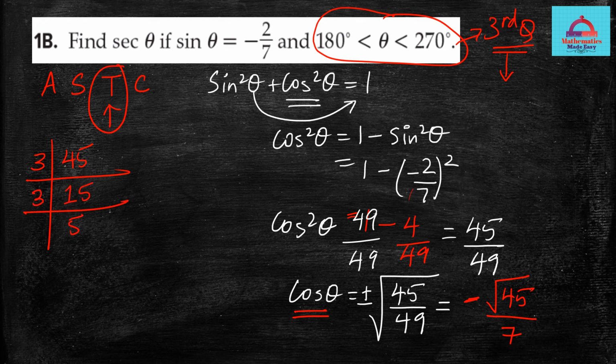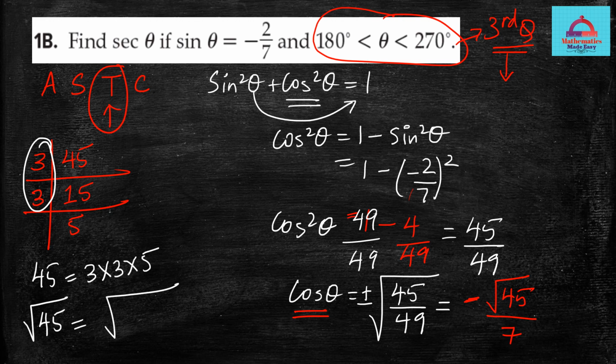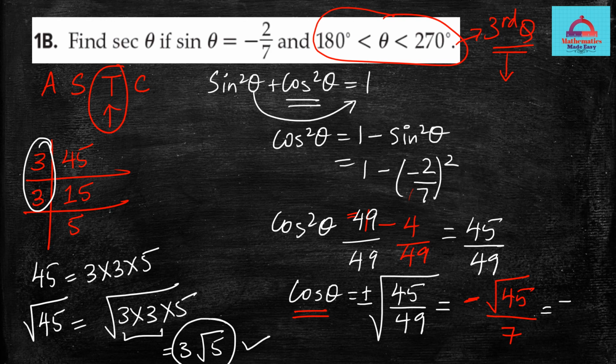That means these 3 are in pairs, so 45 can be written as 3 multiplied with 3 multiplied with 5. Or if I take the square root of 45, it will be square root of 3 times 3 times 5. These 3 are in pairs, it will come out, so 3 square root 5. This is the correct value. So use this while you solve a question on square root. Okay, don't use your calculator because it will give you a decimal.